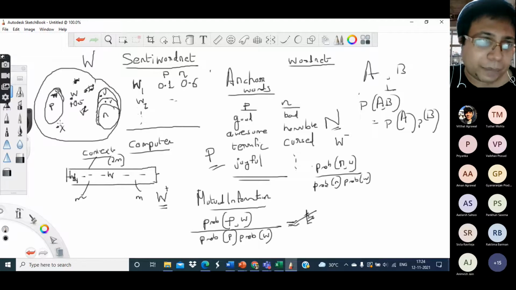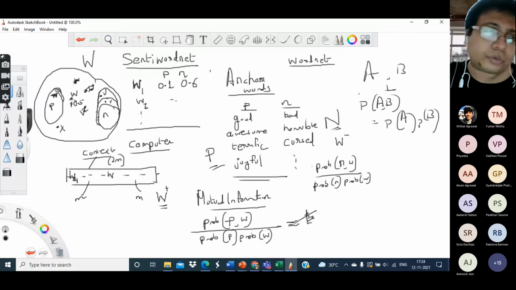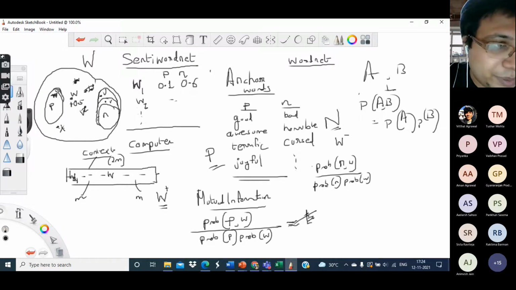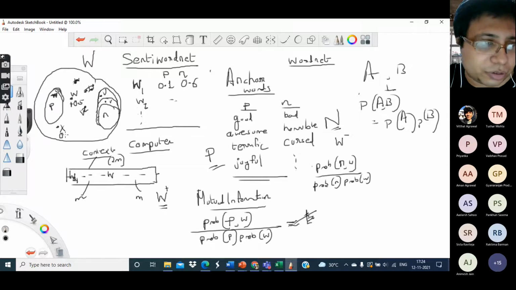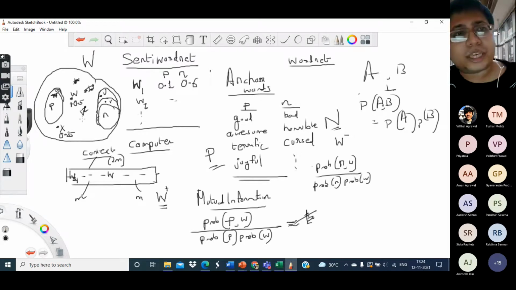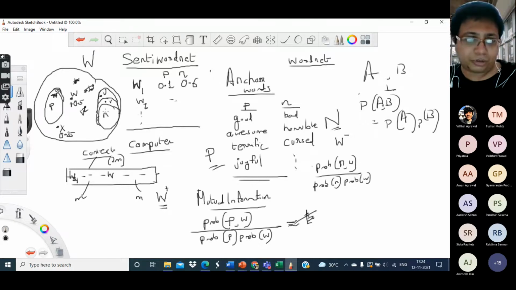X did not co-occur with them, but maybe X co-occurs with W. So X does not co-occur with any of the positive anchor words, but X does co-occur with W, which in turn has a tendency of co-occurring with positive words. In that case, the P score you attach to X has got to be even less than the P score of W, right? So if W was 0.5, maybe X will have a P score of 0.25, and so on and so forth.